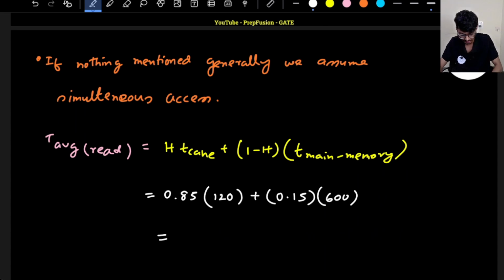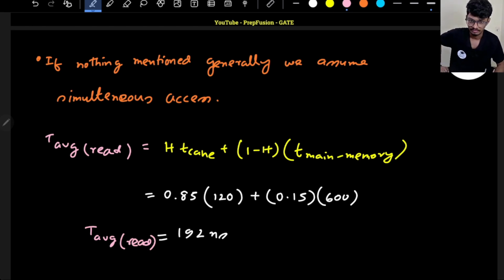So this will be 192 nanoseconds. So 192 nanoseconds will be the average read time for this particular system.